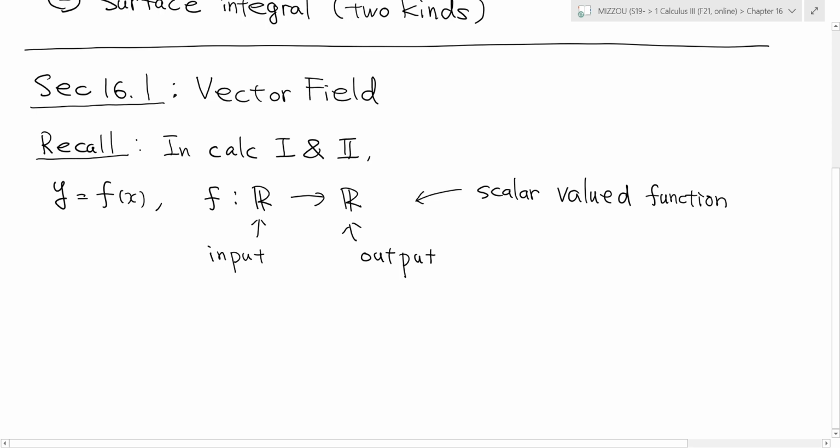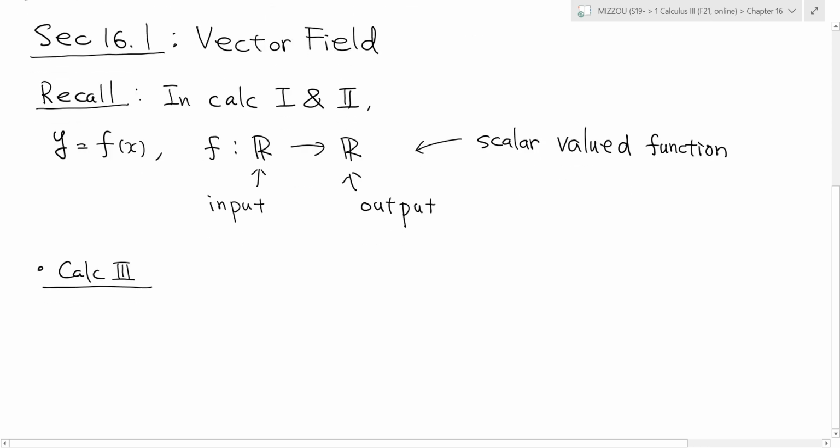Now, in calculus 3, so far, we have seen a function like r of t, a plane curve: f of t, g of t. Geometrically, that's a curve in R2.